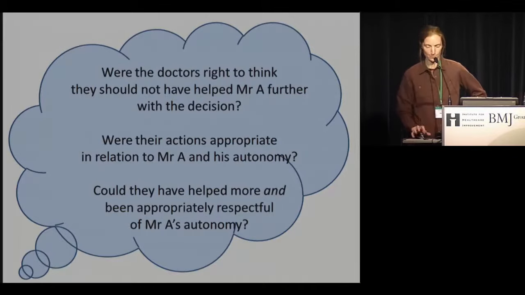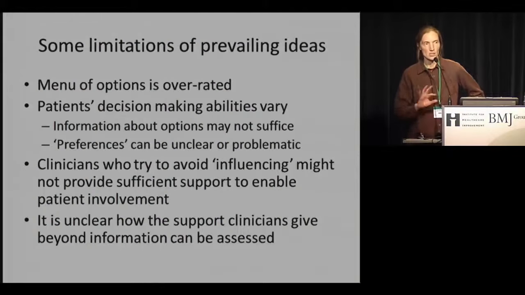And I think, for me, these scenarios highlight some limitations of current ways of thinking that tend to surface quite a lot when we're talking about involving patients in decisions about their own healthcare. And just to summarise some of those limitations, giving a menu of options can be very, very important.